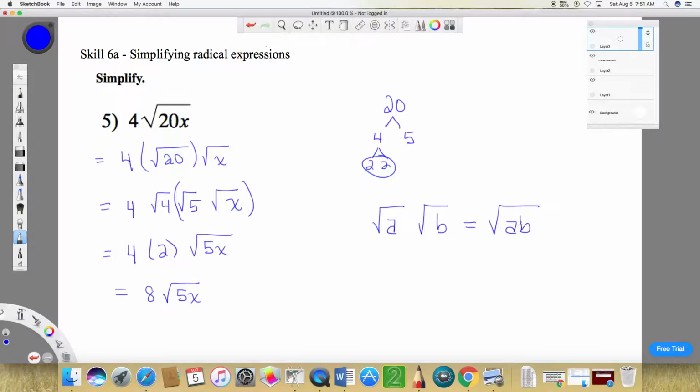It's just reading that same equation I had before in a different direction. Before I had it written that you have a times b and you can break apart a times b. Well, if you can break it apart, you can put it back together again. Here's our final answer for number 5.